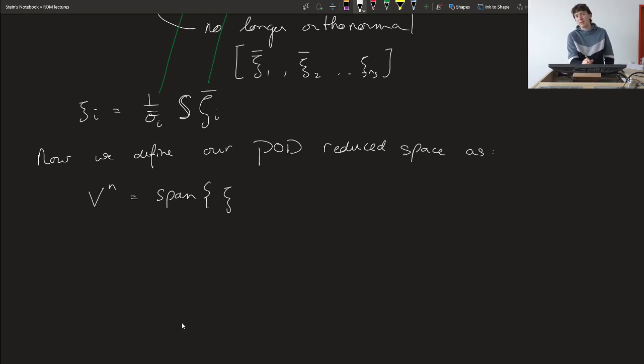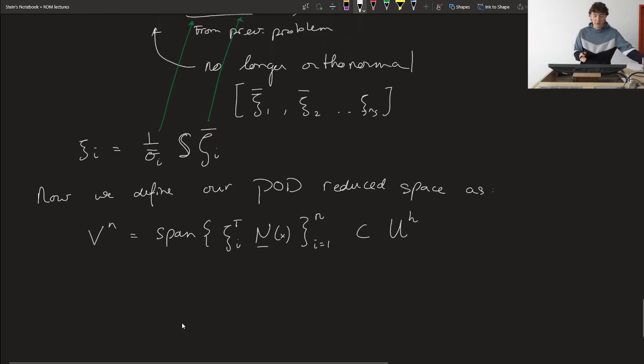Well, they're not really that anymore. I'll just call them xi's. The first n xi's. And since we're talking about a function space again, I have to transpose this and multiply it by the vector of basis functions. This is going to be a subset of our finite element space. It's going to be the linear combinations of all the functions that are encoded by the vectors of coefficients obtained with this procedure.